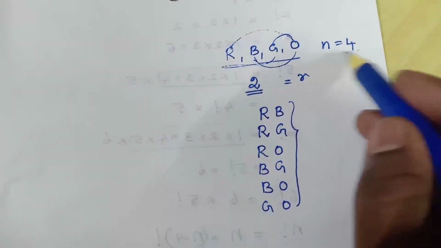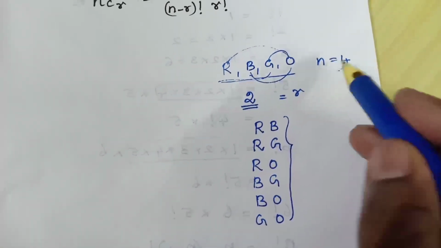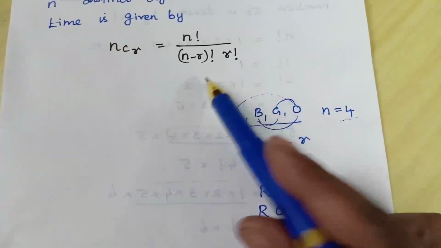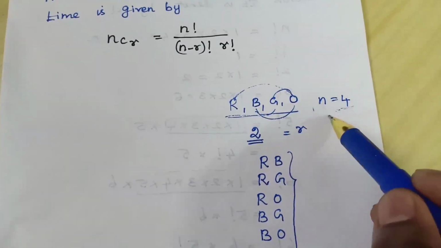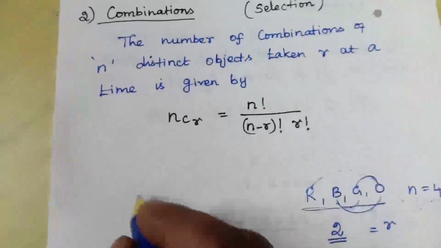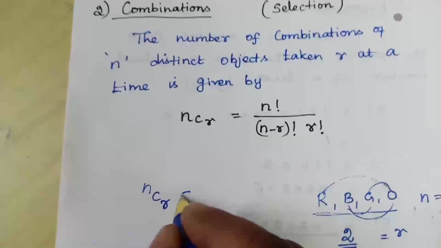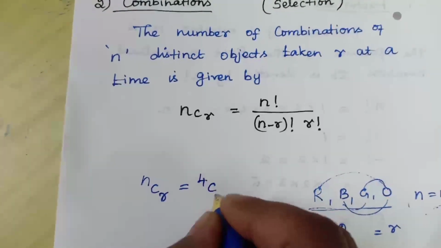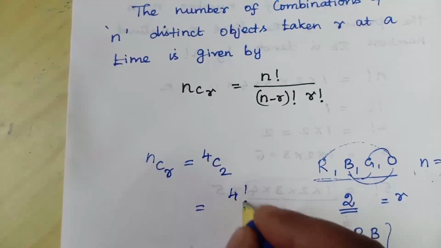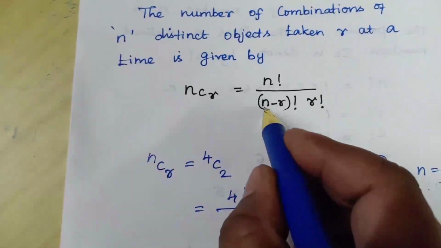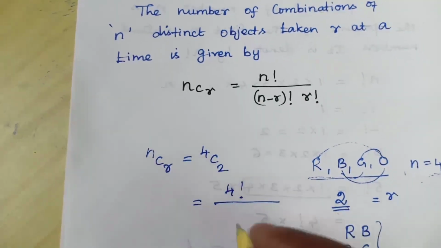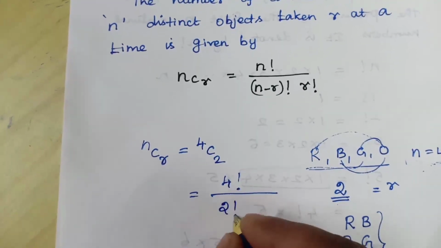Here the number of distinct objects is very small. If it is more, we can apply that formula. So we can check with this formula. n is equal to 4 and r is equal to 2. Substitute in the formula: 4C2 equals 4 factorial divided by 4 minus 2 factorial into 2 factorial.